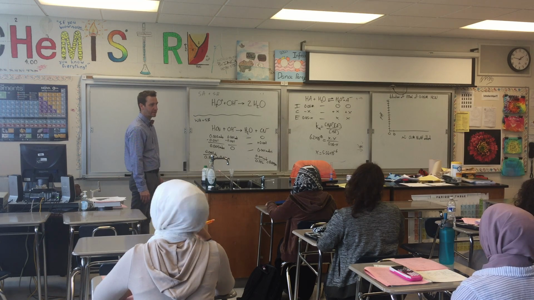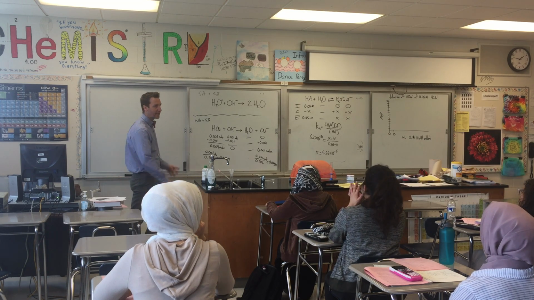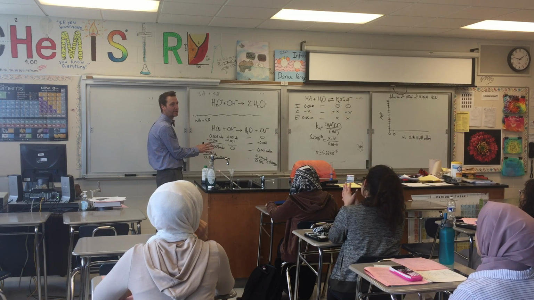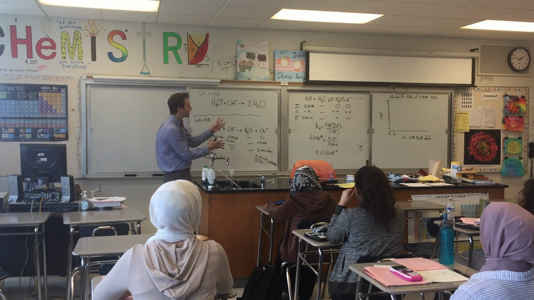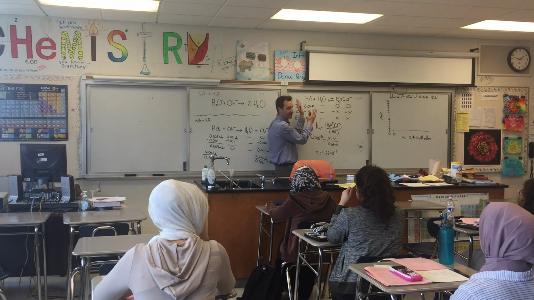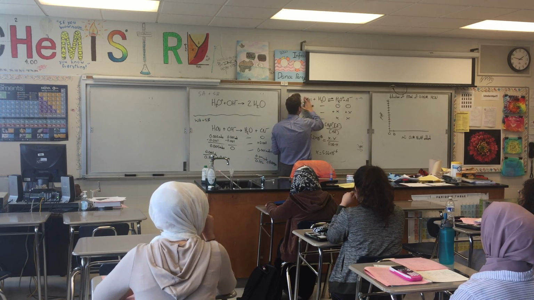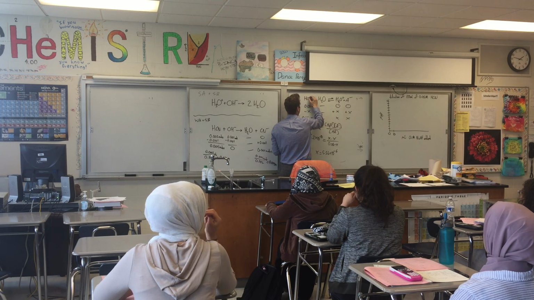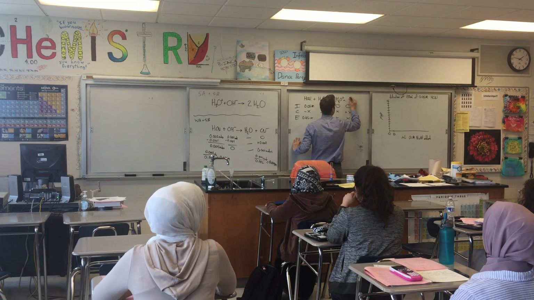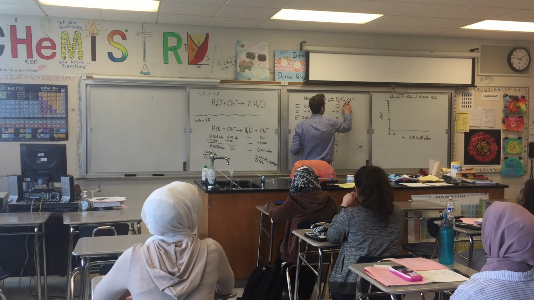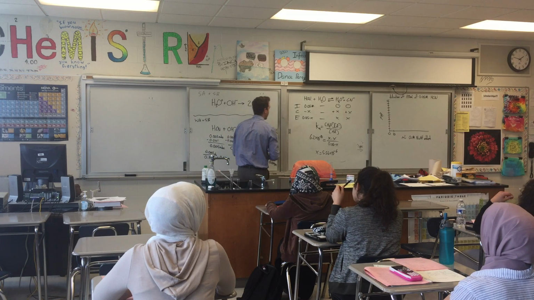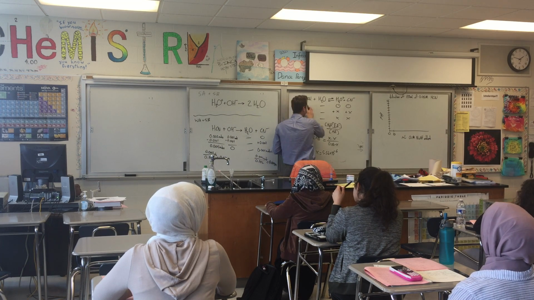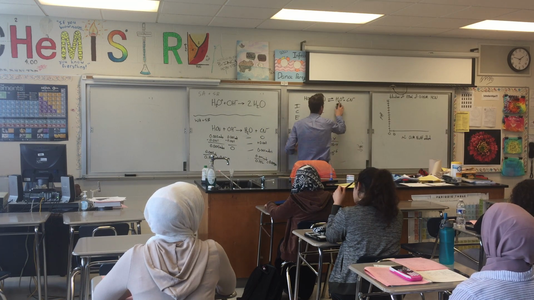Now that we know what's in there, we have to realize that HCN and CN minus are subject to this equilibrium up here. And now we have to update our values. What do we have?